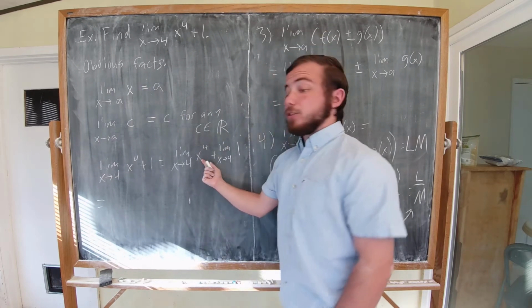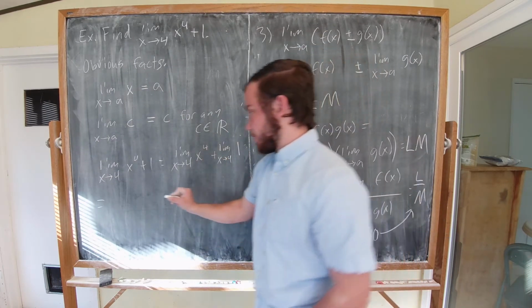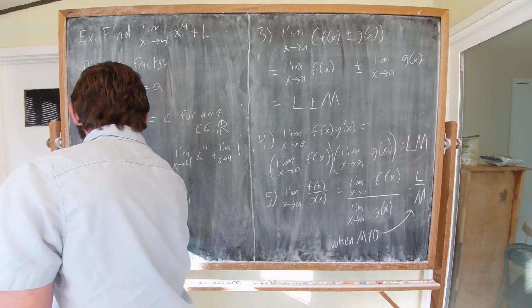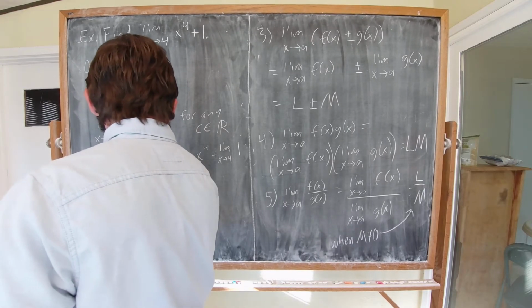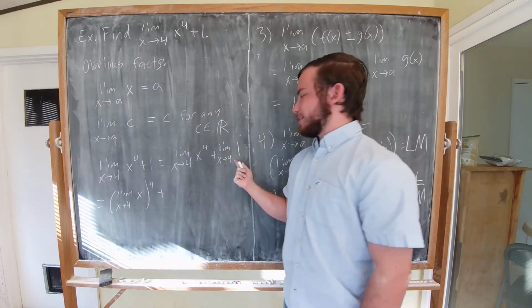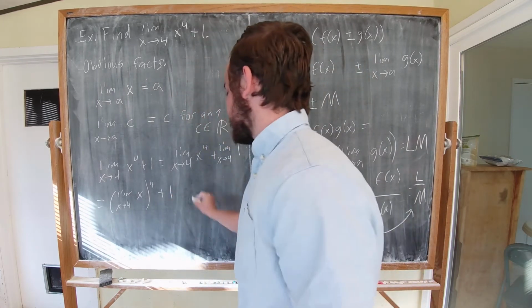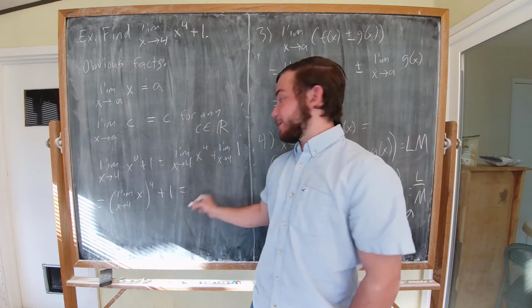Using our first limit law, we can pull out an exponent. So this is the limit as x goes to 4 of x, to the 4th, plus, limit of a constant is the constant, so this is plus 1. And we know that the limit as x goes to 4 of x will just be 4.